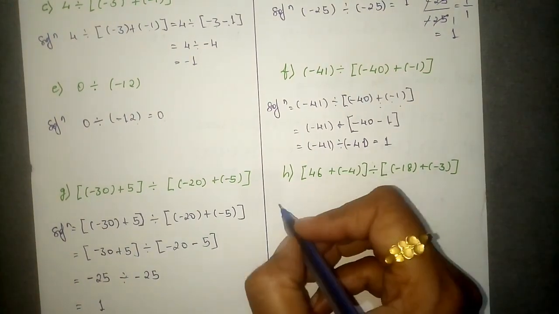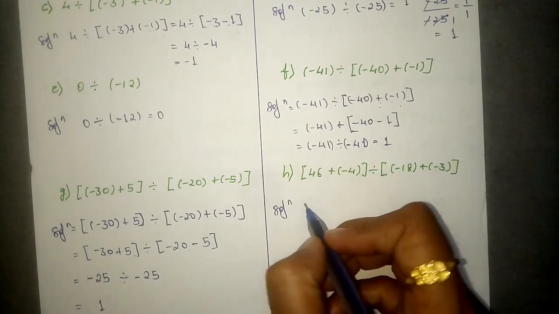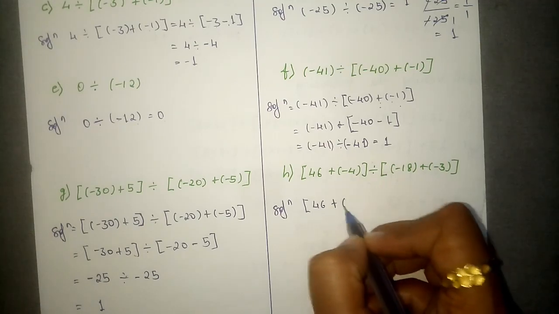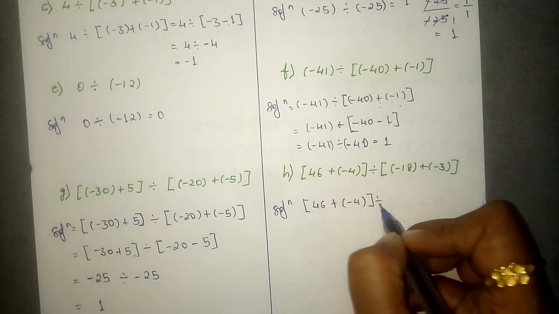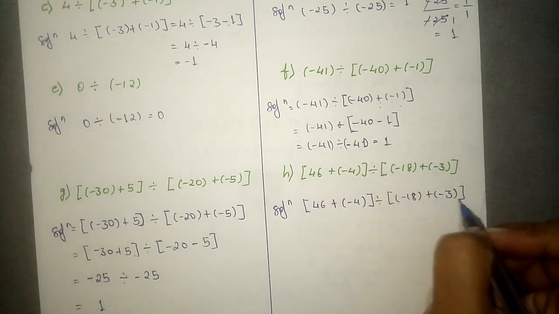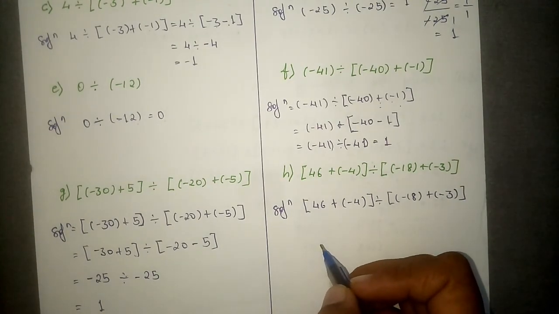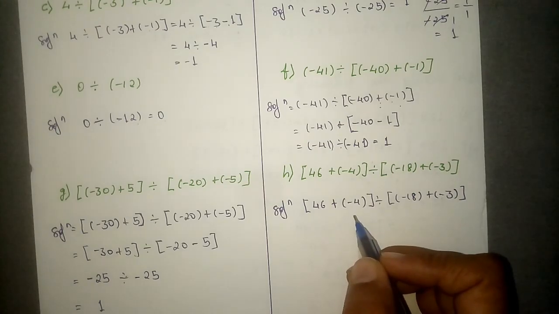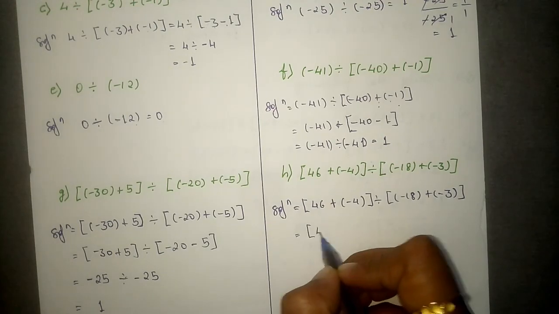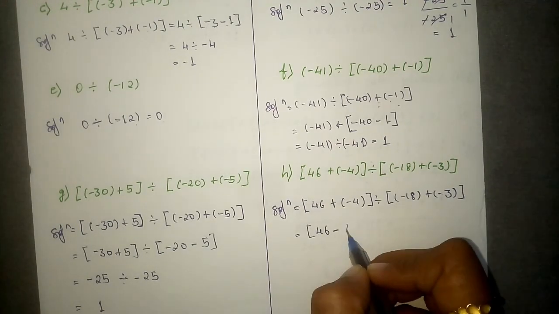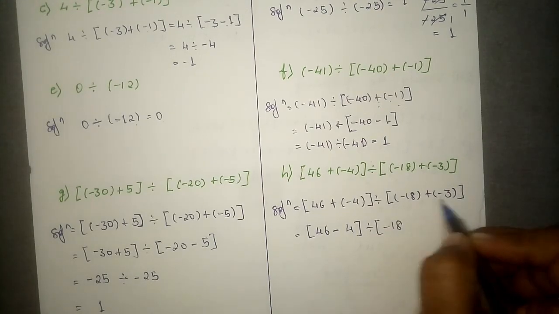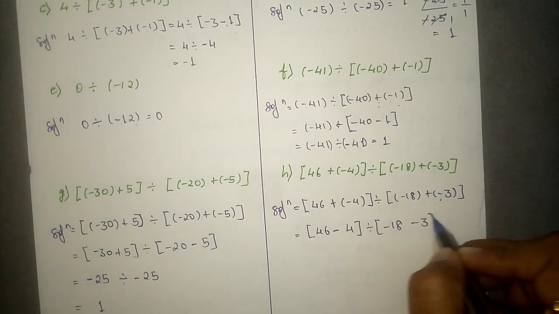Then the next H, we will simplify it, that is 46 plus minus 4 divided by minus 18 plus minus 3. So we will remove the bracket and we will simplify the signs. So here we will write 46 plus into minus will be minus 4, then divided by minus 18 plus minus will be minus 3.